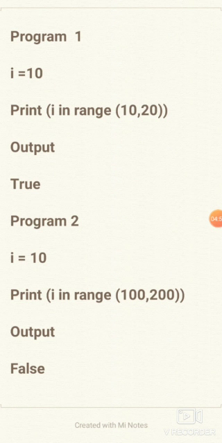The in operator will check whether the value of the variable exists in the sequence or not. If the value does not exist in the sequence, the in operator will return the output false.